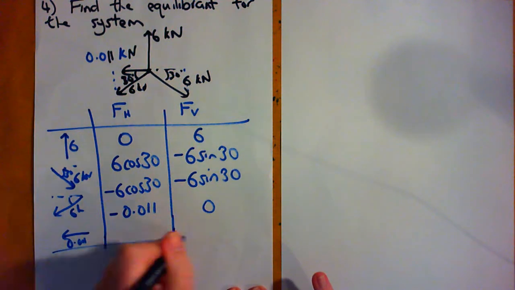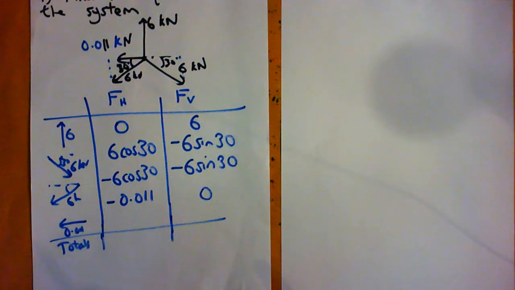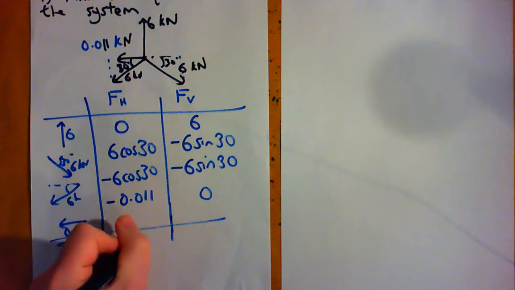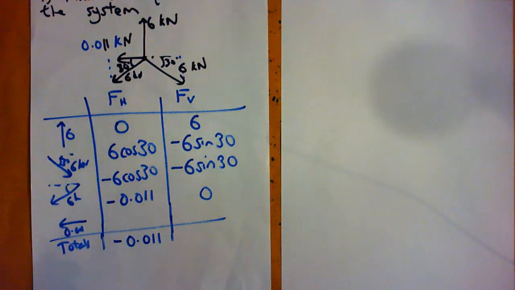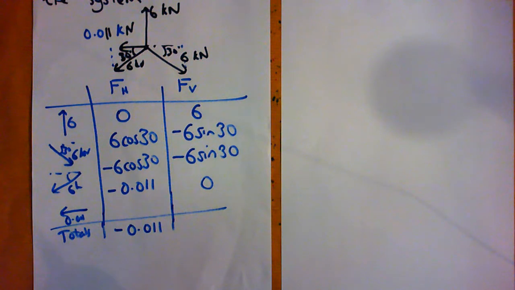So we can now find our totals. We've got 0 plus 6 times cosine 30 minus 6 times cosine 30. Those two are going to cancel out, leaving a total of negative 0.011. And in the vertical component we've got 6 minus 6 times sine of 30 minus 6 times sine of 30, which gives you 0.